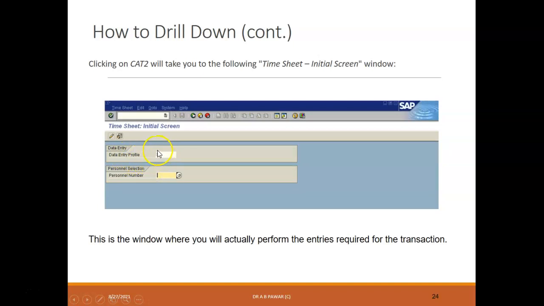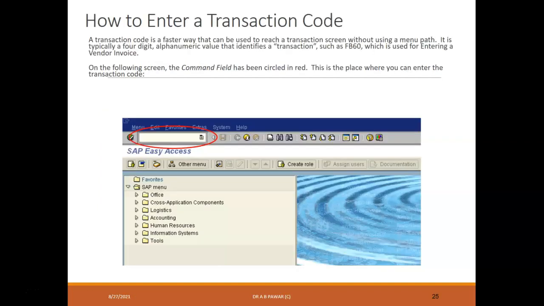The data entry profile is a mandatory or required input field, and once I click on it, I am able to get the various options. This is the window where you will perform the entries required for the transaction. I have already said that using a transaction code is an alternative to drilling down.